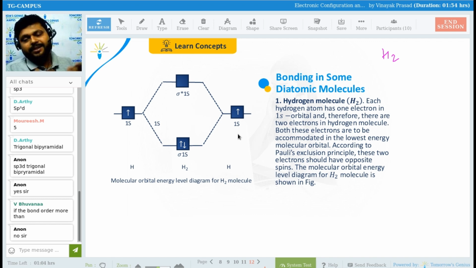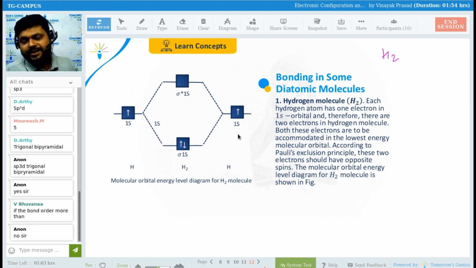Because they already have completed their octet, there is no requirement for them. But H will require one electron to complete its duplet, not octet, duplet.